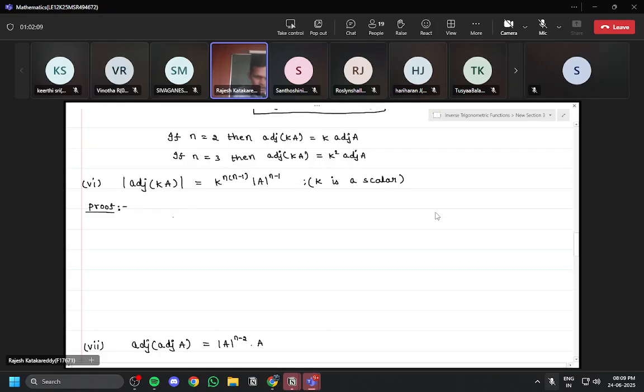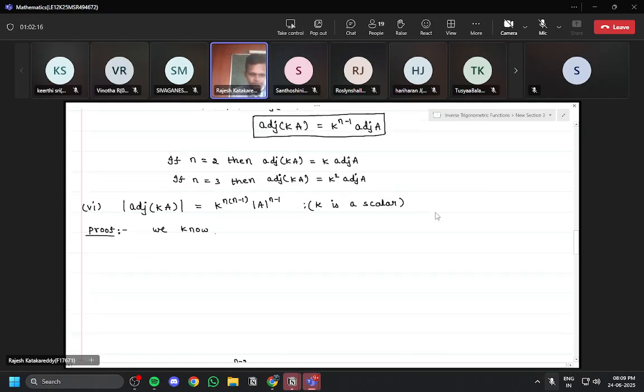If you want, you write, we know that adjoint of K into A is equal to K to the power n minus 1 into adjoint A. You can take determinant on both sides, use the properties of determinant and get the final result.